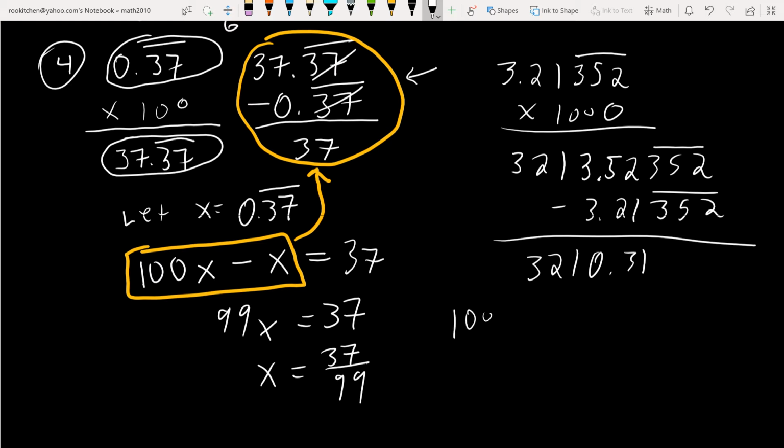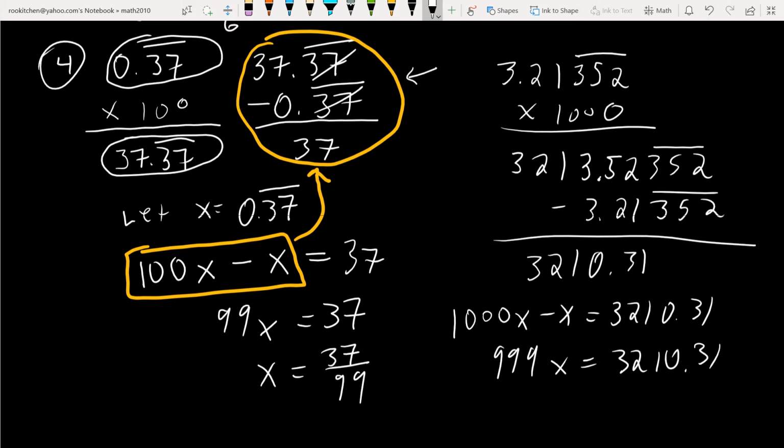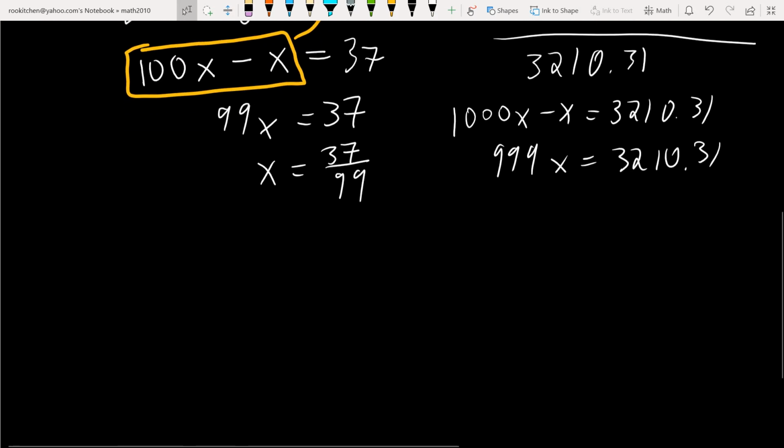So it'd be 1,000x minus x equals 3210.31, and then this would be 999x equals 3210.31, and then you want to get rid of the decimals when you're writing it as a ratio of two integers, right? So maybe multiply both sides by another 100 to produce this.